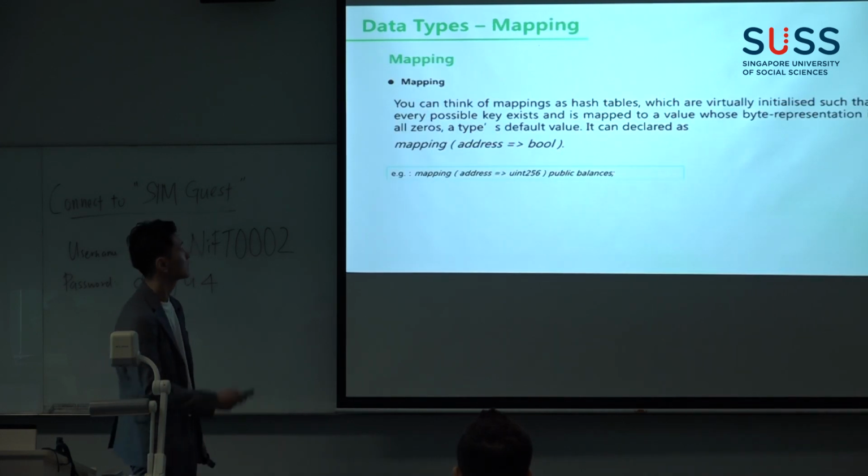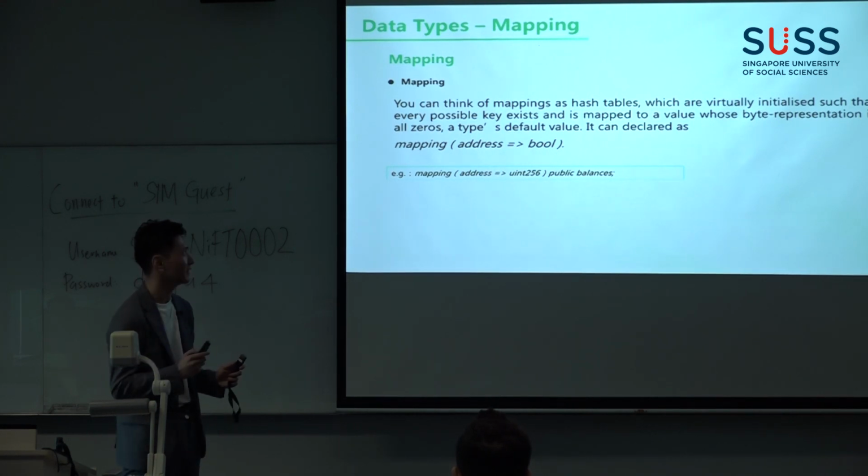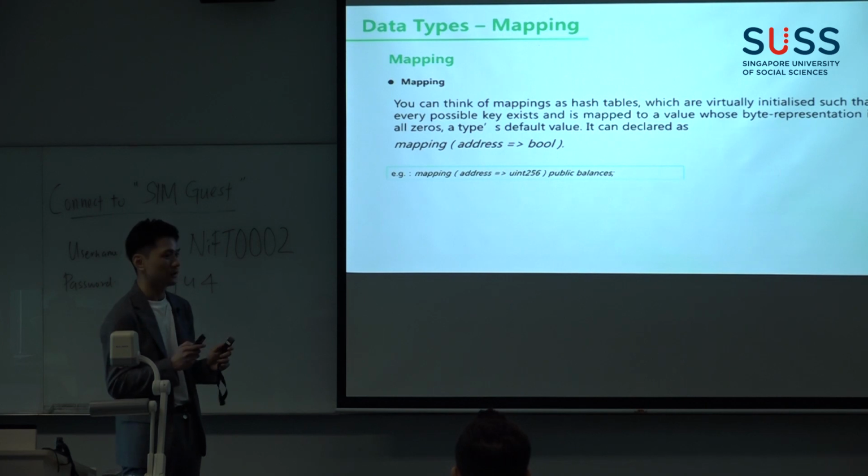So now it's the mapping. We usually talk about cryptocurrency as money, but in Solidity it is actually not money. It's just a mapping. For example, if I have a contract and an ERC token, then a user's address is mapped to a uint256 value called balances. When you query this mapping, you can get the user's balance.